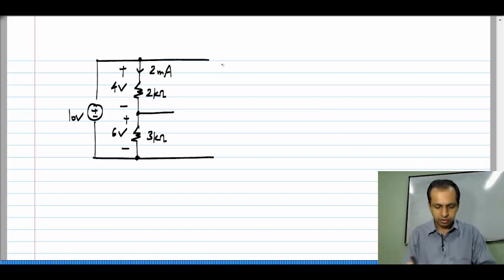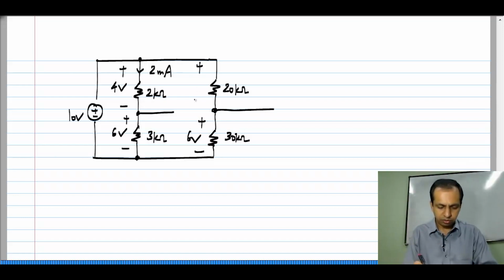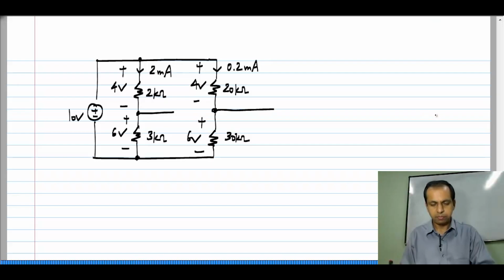Now, let me take another set of resistors connected to the same voltage source. Maybe this is 20 kilo ohm and this is 30 kilo ohm. Again, you see that across the lower resistor we have 6 volts and across the upper resistor we have 4 volts, and the current here is 0.2 milliampere.